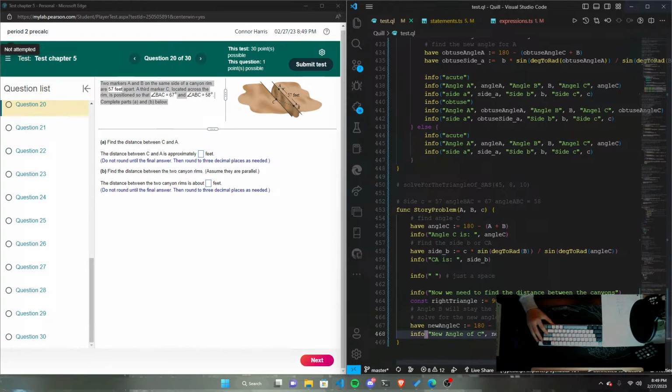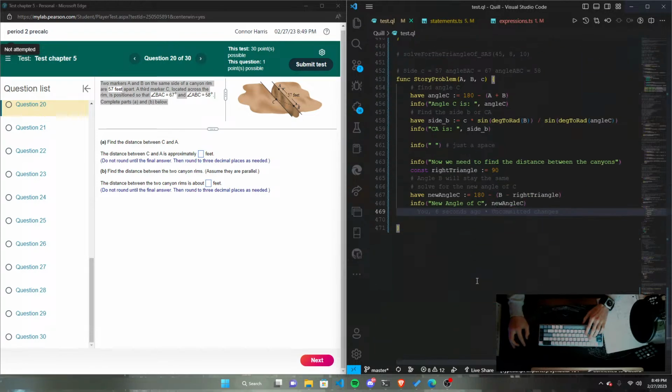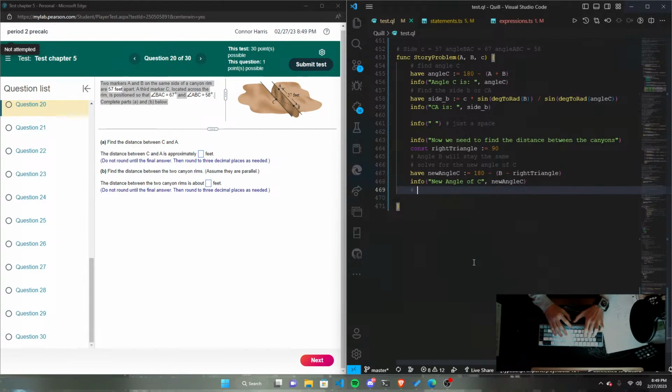Okay, so now we solved for the new angle of C. Now we need to actually do the new calculations to find side B. So let's scroll down a bit so we can see what we're doing. Right, so hashtag now we find the distance between the canyon, which should basically be the same logic as we have here.